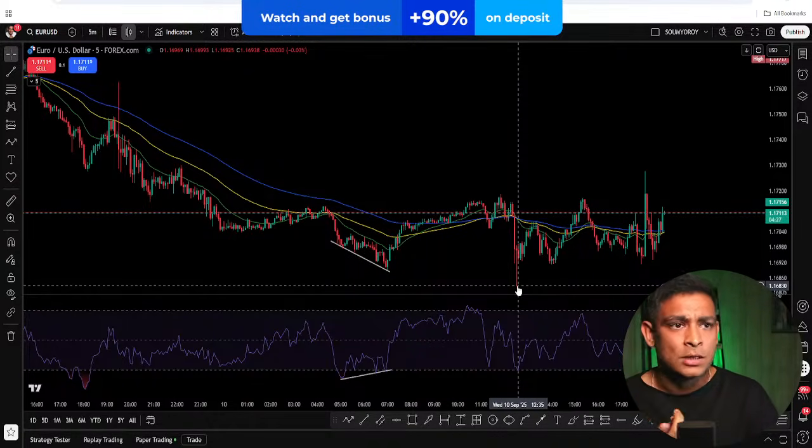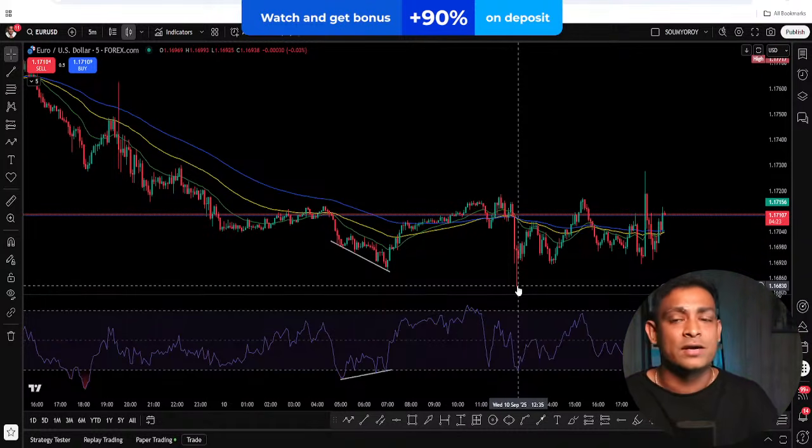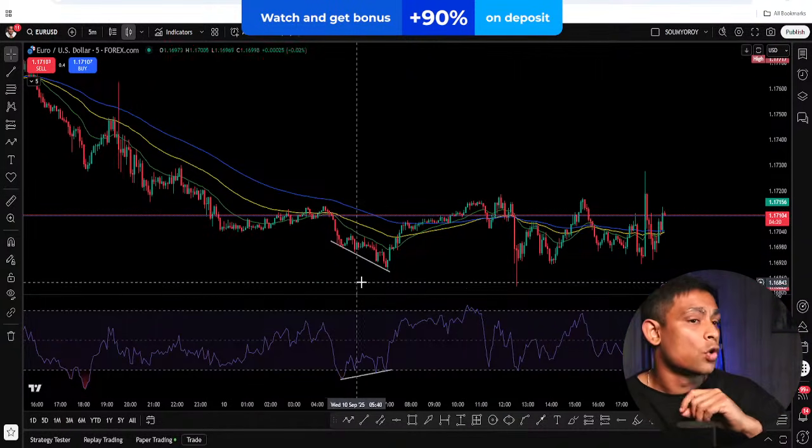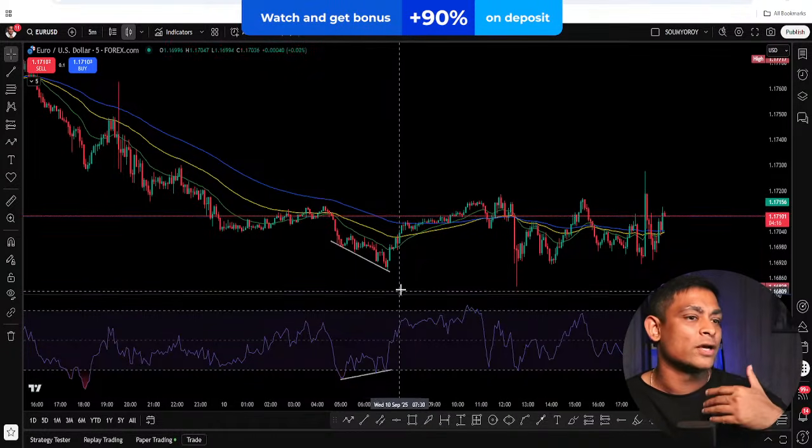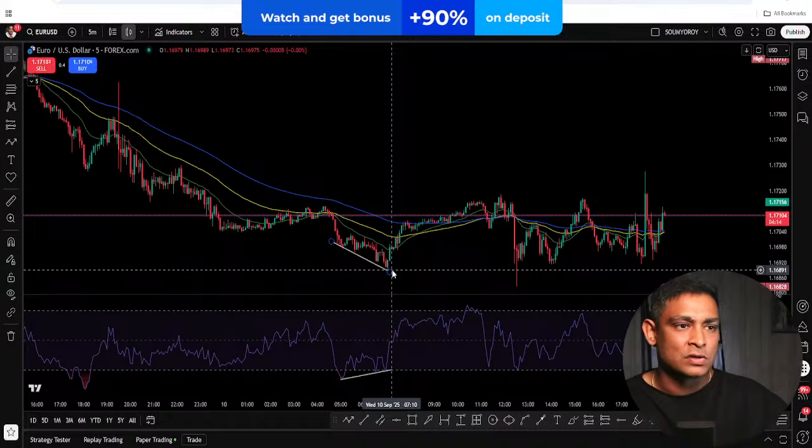Now imagine there are hundreds, thousands, millions of traders trading euro dollar at the same time, while you and I are trading. We opened a trade, and millions of other traders opened a trade.